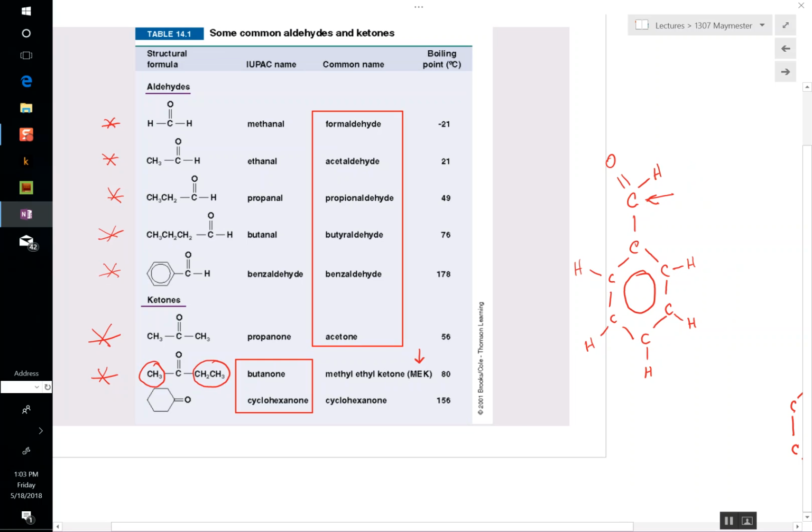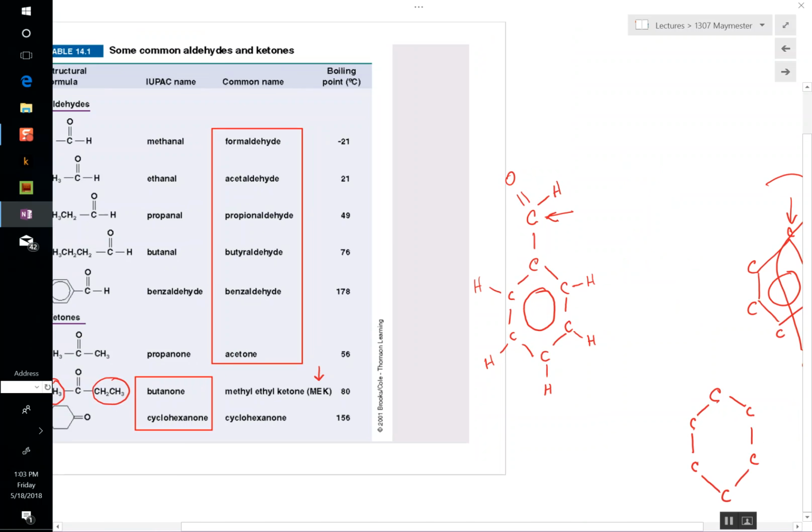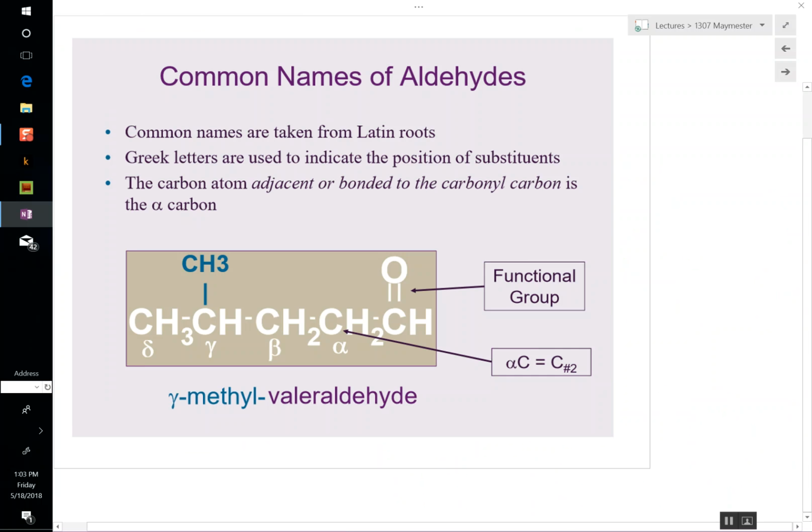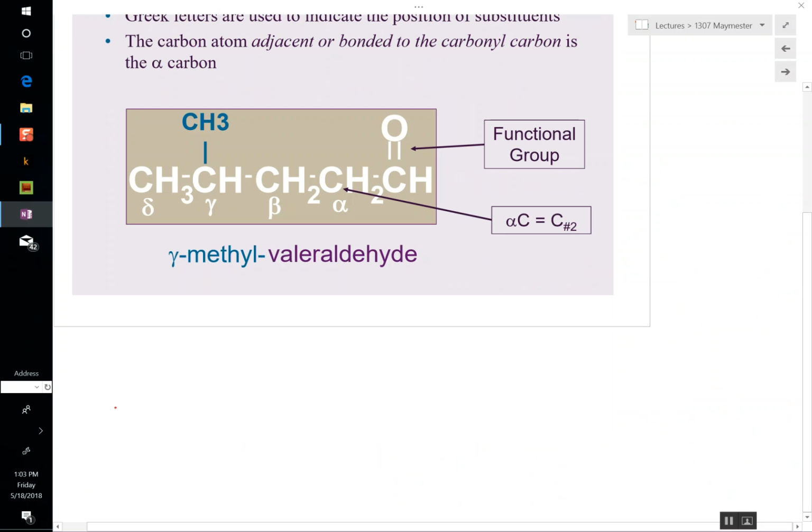Sorry about that. There's 7 more 3x5 cards. Every chapter has 5, 6, 7. Okay, you don't need to learn this. I want you to be aware of it. You've heard of omega-3 fatty acids, right? Well, they're using the Greek letter omega.